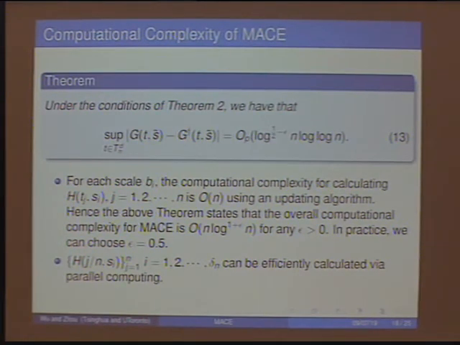Okay, so there's another benefit of using MAZE. The reason is that for different scales, for instance, if I calculate two different scales, S1 and S2, the calculations for these two scales are totally independent of each other. So therefore, you can do parallel computing of those, because they are not related to each other.